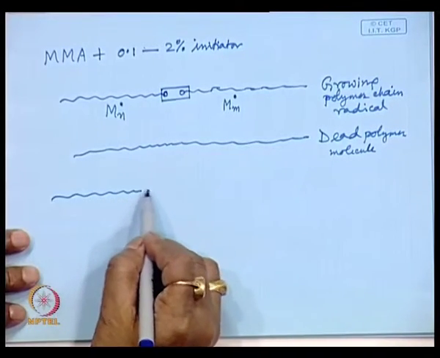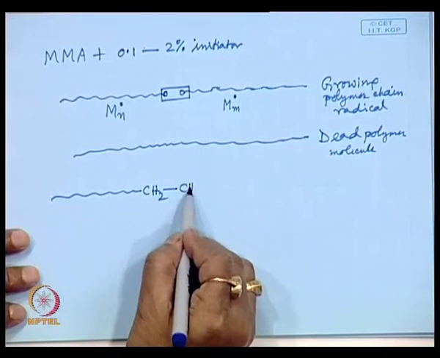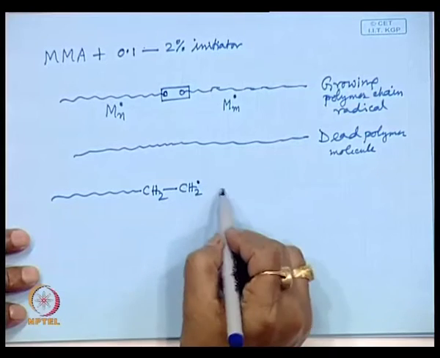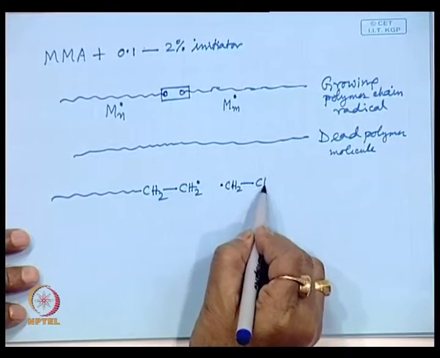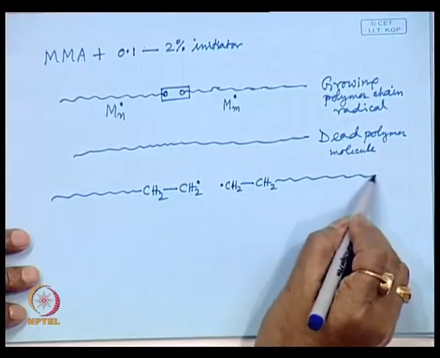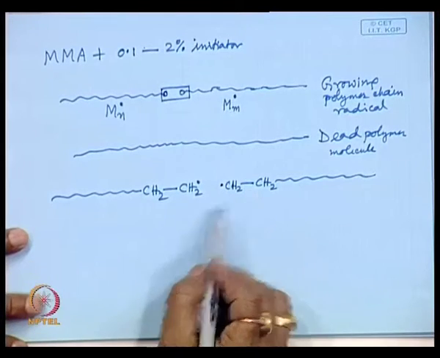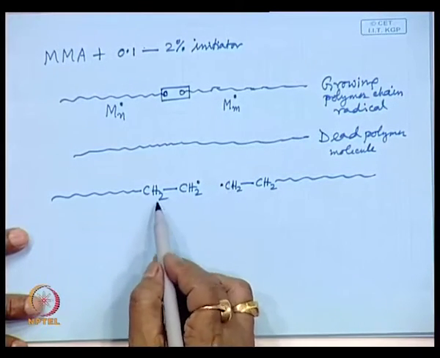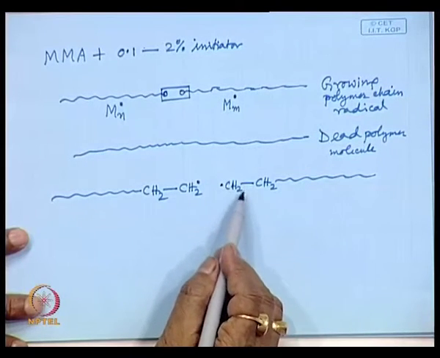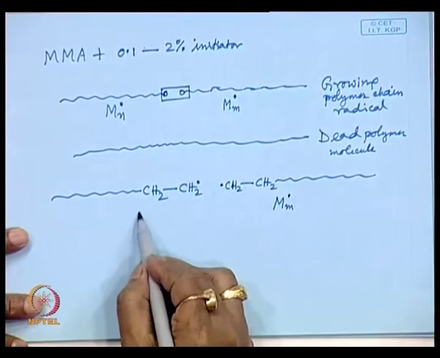If I show this, showing only one monomer unit at the end of those growing chain radicals, what can happen? Suppose this is a dot, this is a dot.